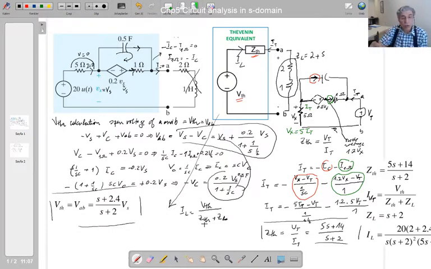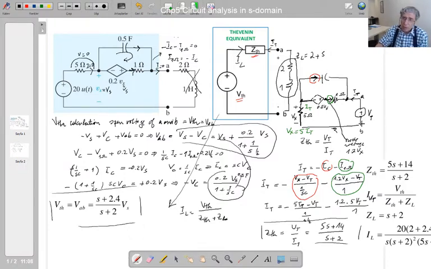If you don't use this analysis, for different loads connected to the terminals A and B, you have to analyze the whole circuit for each load. In here, for each load, I will be using the same formula, apart from ZL. VTH and ZTH calculation will not be repeated. That is the advantage of this method, of course.